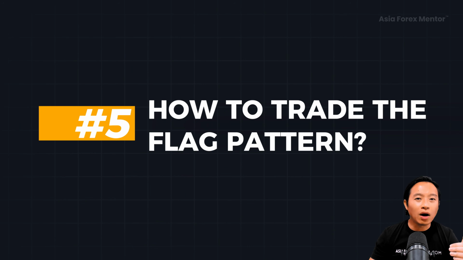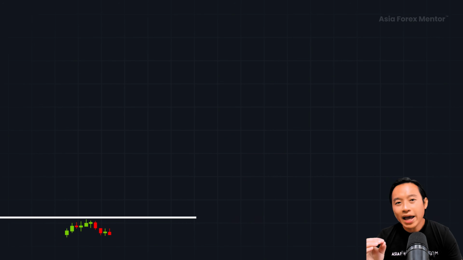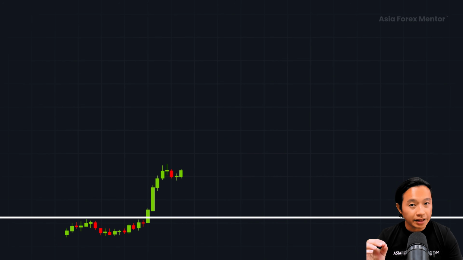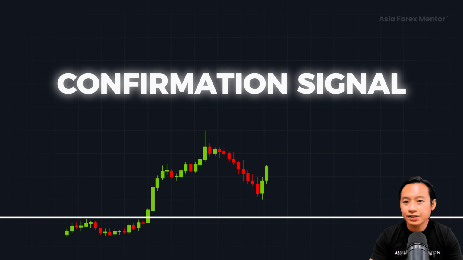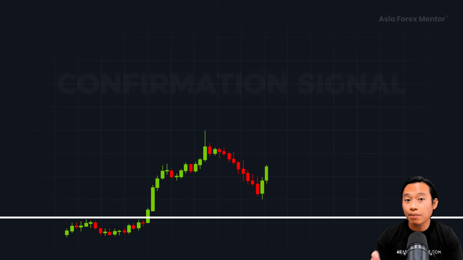Now, let's talk about how you can go about trading the flag pattern. Number 1, the entry point. When entering a flag pattern, the key is to wait for a confirmation signal, right? This confirmation usually comes from a breakout.